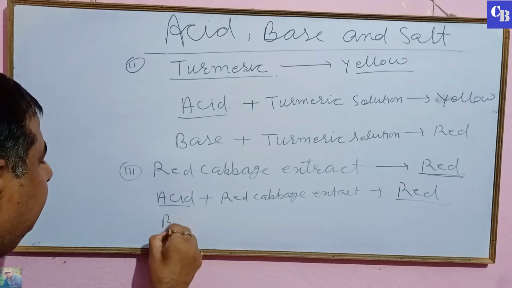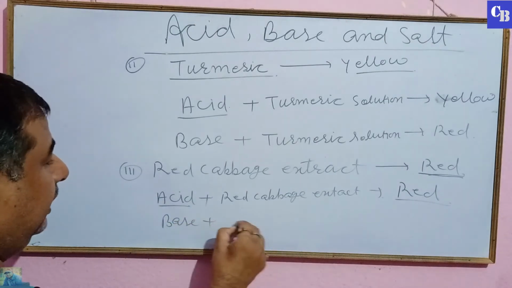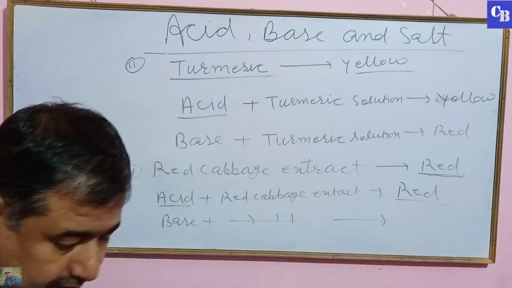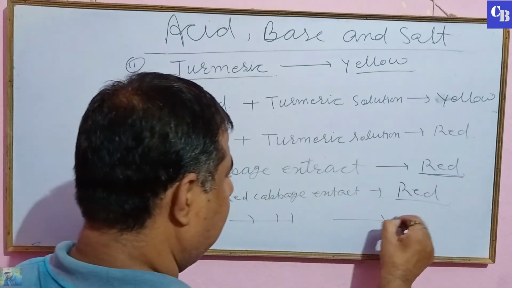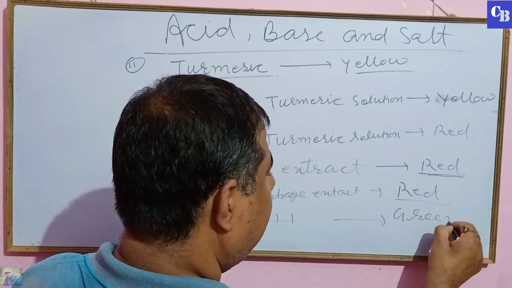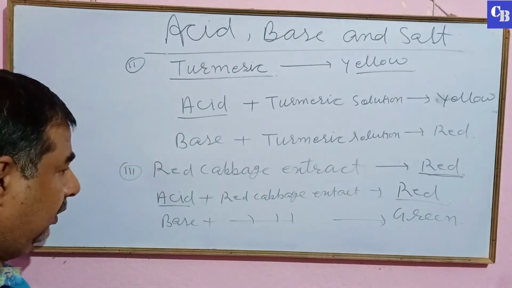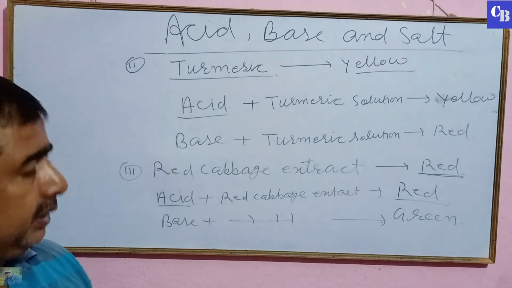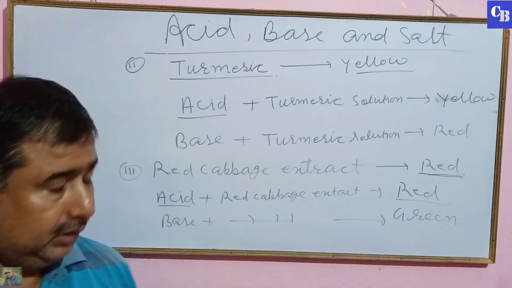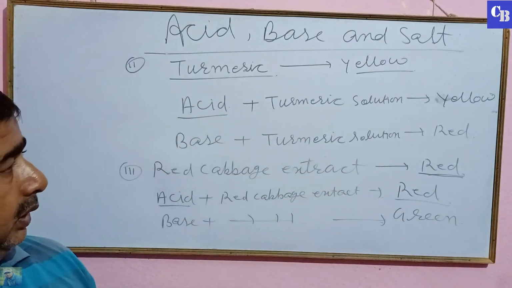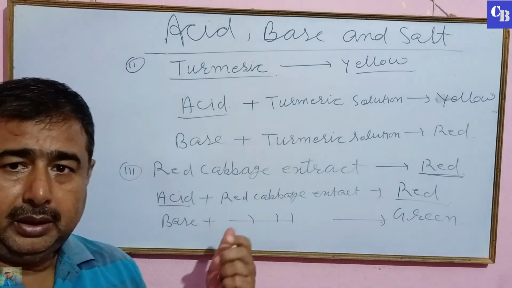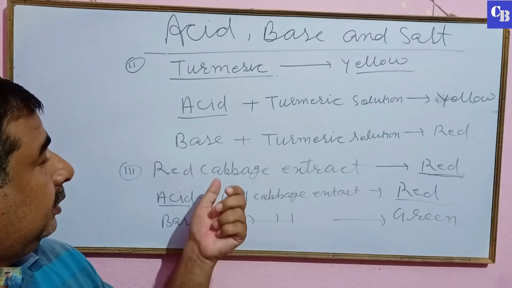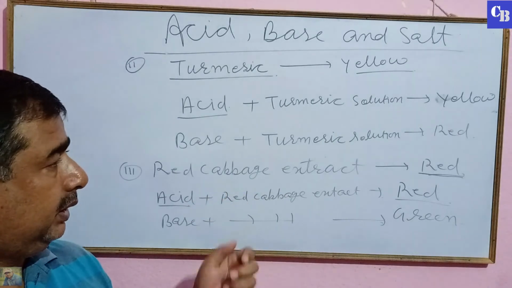But in base, red cabbage extract becomes green. By using turmeric, red cabbage or litmus paper, you can identify whether the given substance is acidic or basic. So these are natural indicators.